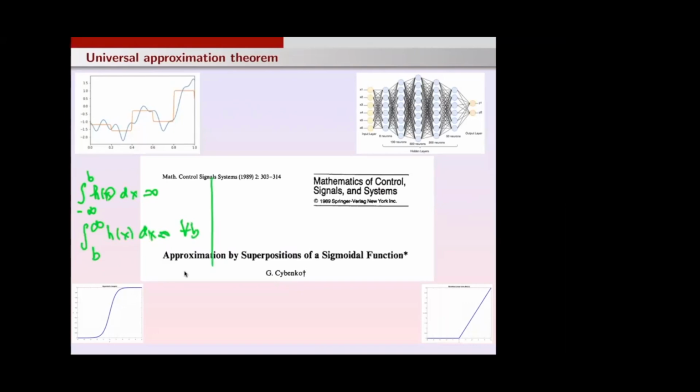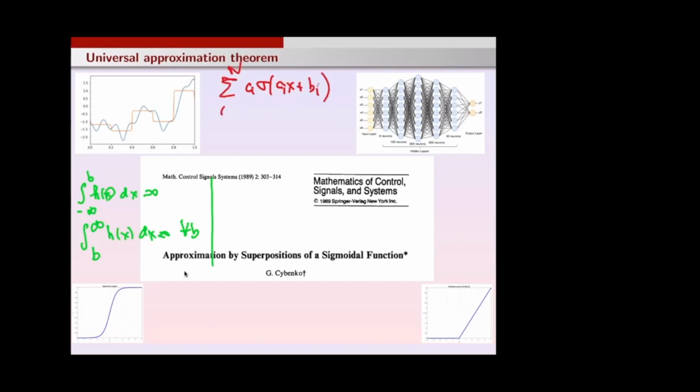Why can I reverse the sense of the sigmoid so that the integral is not localized only from b to infinity, but also from minus infinity to b? It is because in this general expression of Cybenko in which I combine sigmoids of this manner in an arbitrary sum, I can also choose the sign of a to be negative.